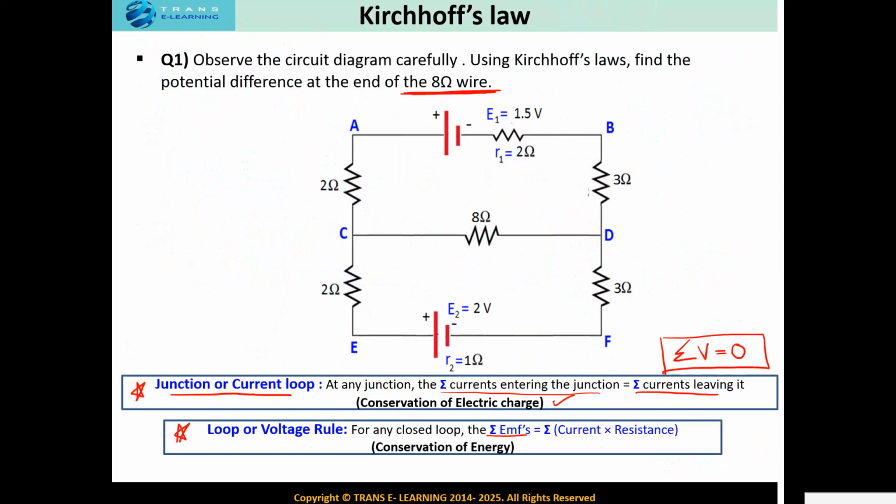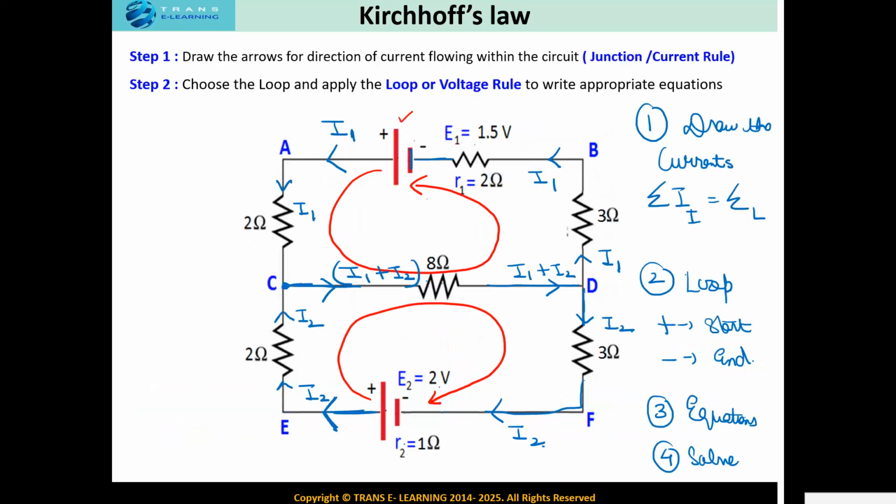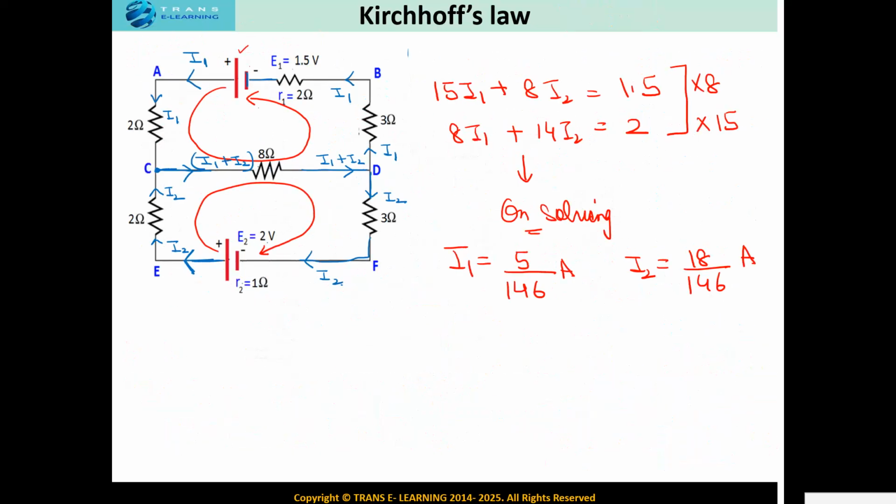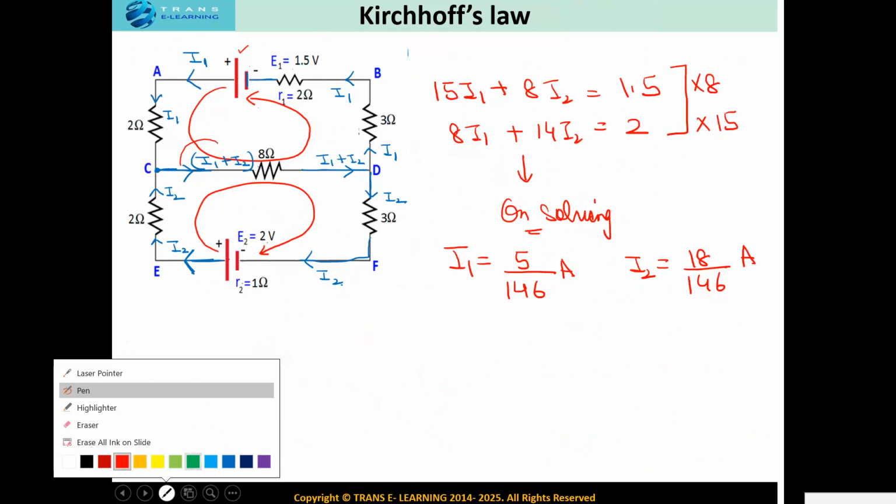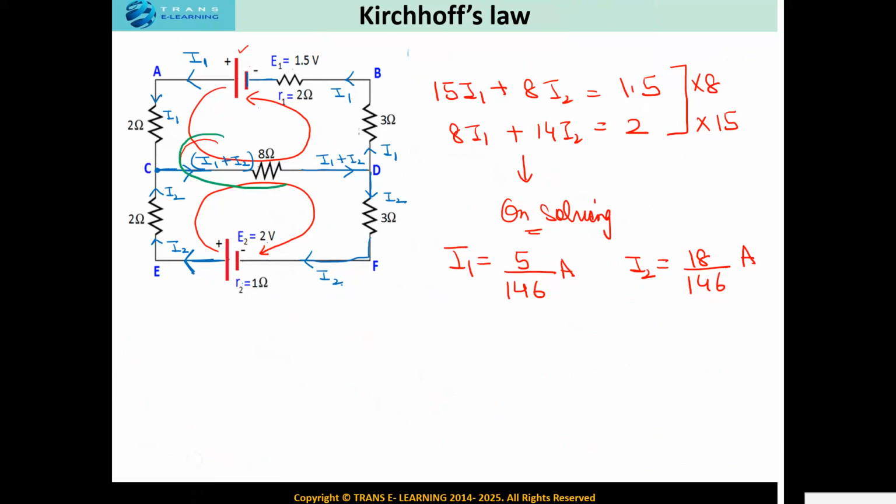Okay, so here using Kirchhoff's law, find the potential difference at the end of the 8 ohm wire. So this is our 8 ohm wire, and you have to find the potential across here. So this is the point where you have to find the potential.